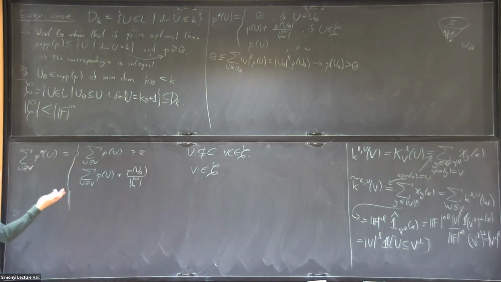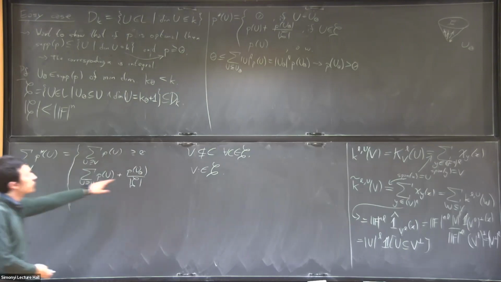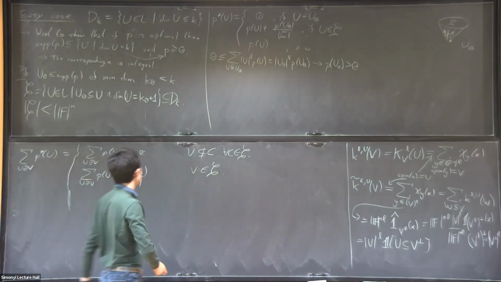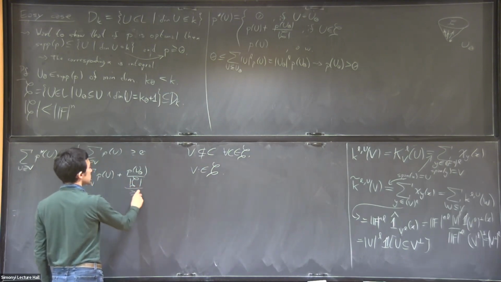Because I pushed some mass up. This is all the things that are above or equal to V, and if V is in C, it just got some addition of mass, and this is non-negative, right?